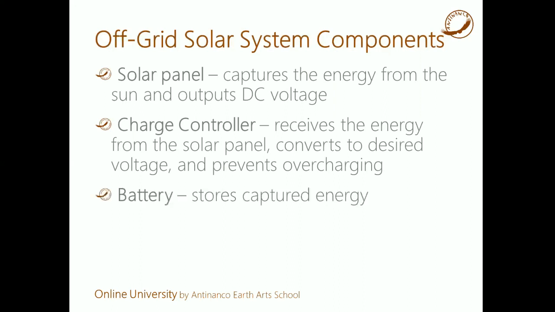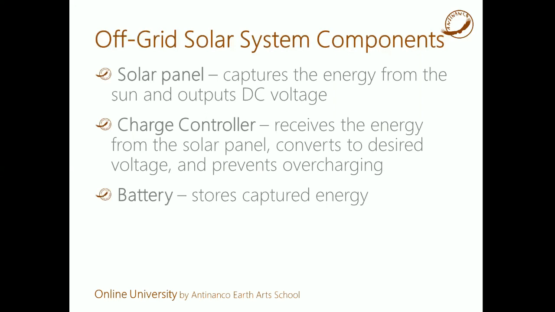Battery. The battery is a very simple component, but also one of the most complex at the same time. The battery stores captured energy. There are different types of batteries. We're not going to get in depth about what battery types there are, but they generally vary in, A, the cost. Some batteries are less expensive, some are more expensive.